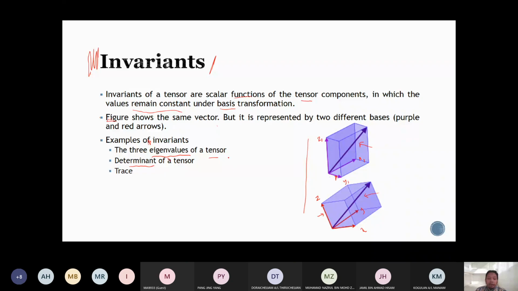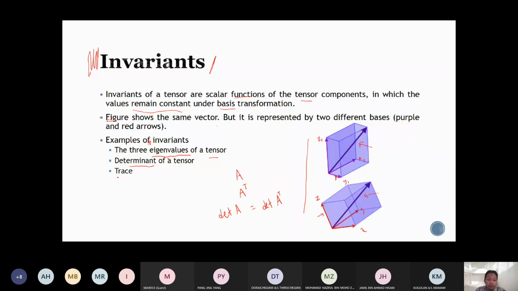Meaning, if you have a matrix A and you find the transpose, then the determinant of A is also equal to the determinant of A transpose. Even though you transpose the matrix, the determinant is the same. So that's invariant. Maksudnya determinant dia sama je walaupun you buat macam mana pun pada matrix tu.